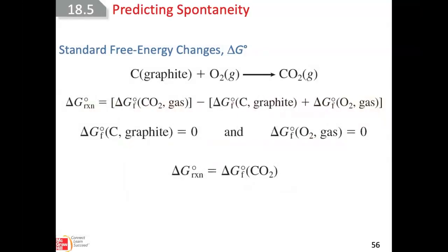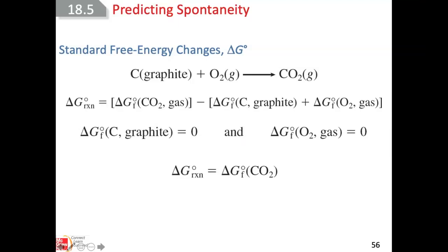So again, take a look at this equation. Carbon, the stable allotrope of carbon is graphite, plus oxygen gas. It makes CO2 gas. How can we find the standard free energy of formation of this reaction? We will take the sum of the standard free energy of formation of the products minus the sum of the standard free energy of formation of the reactants.